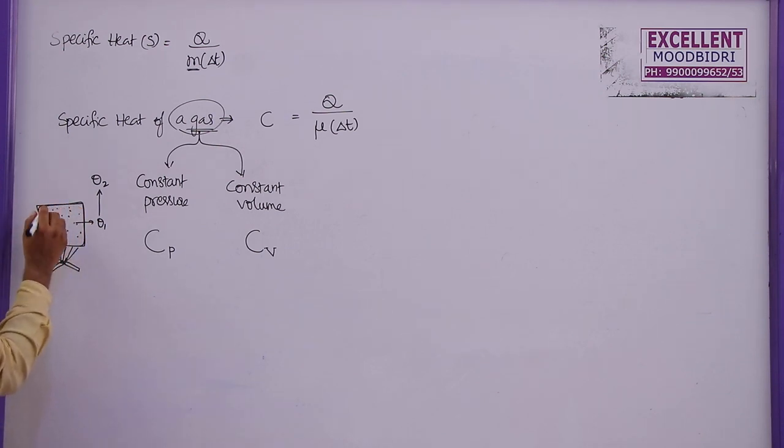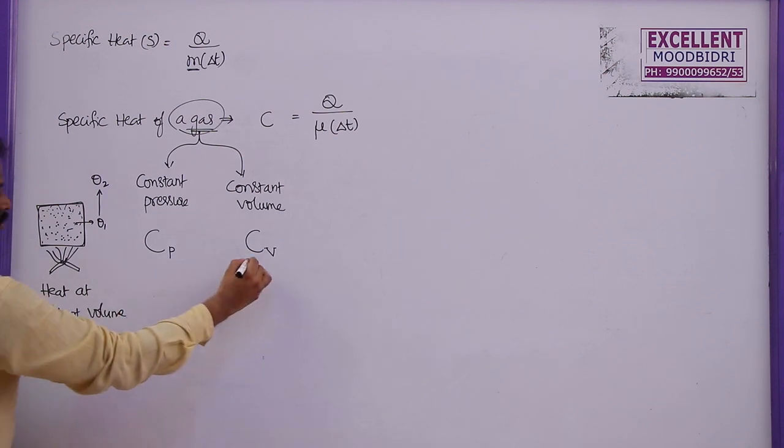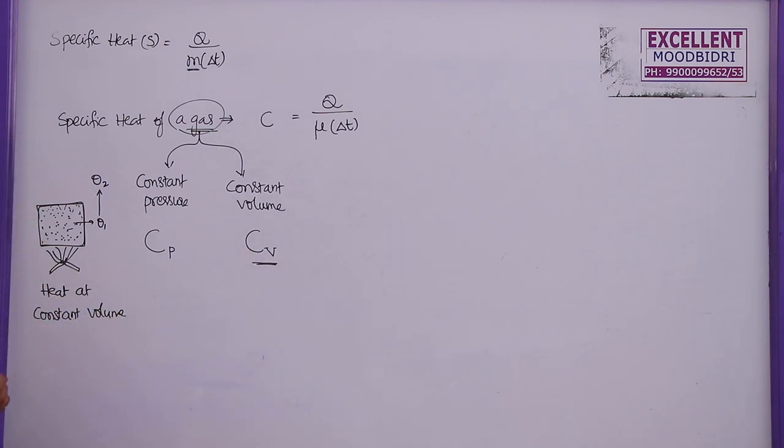Because these molecules cannot move away. They will strike the walls of the container and stay inside. In this case, we are supplying heat at constant volume. So this is Cv.